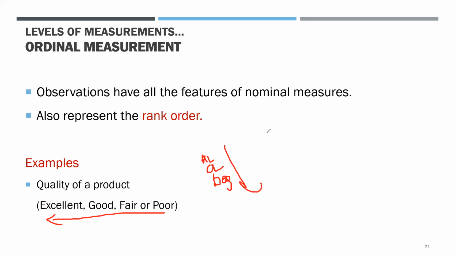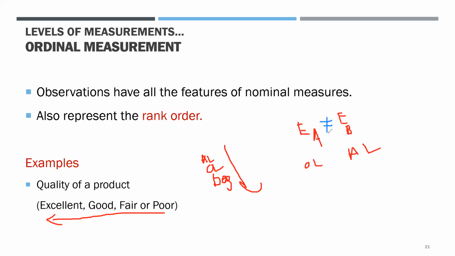For example, if you have two individuals, A and B, and you are interested in the educational qualification of A and B, let's say A's educational qualification is O level and B's educational qualification is A level. Now tell me, can you do this comparison?